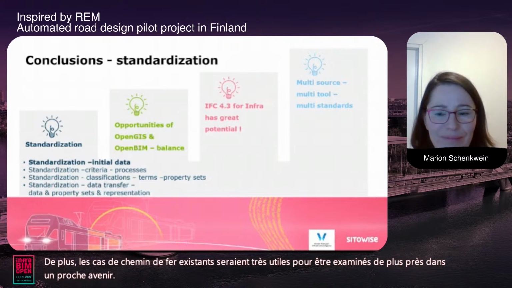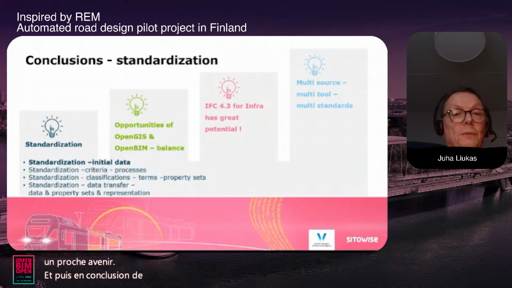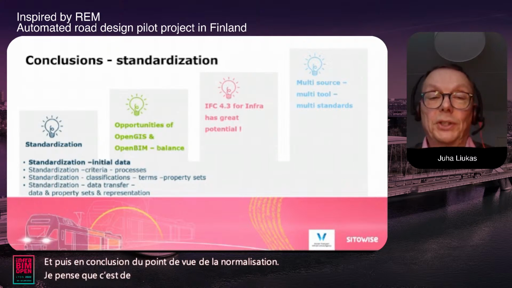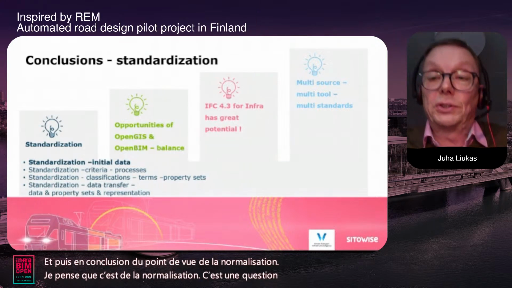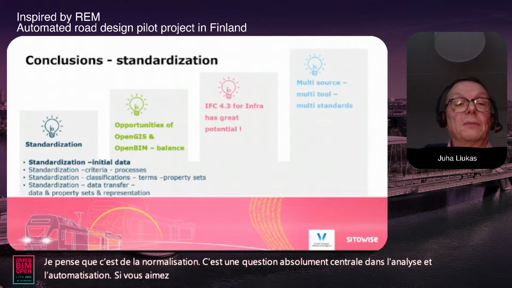And then a conclusion from the standardization point of view: I think standardization is absolutely a core issue in analytics and automation if you really want to use the method effectively.